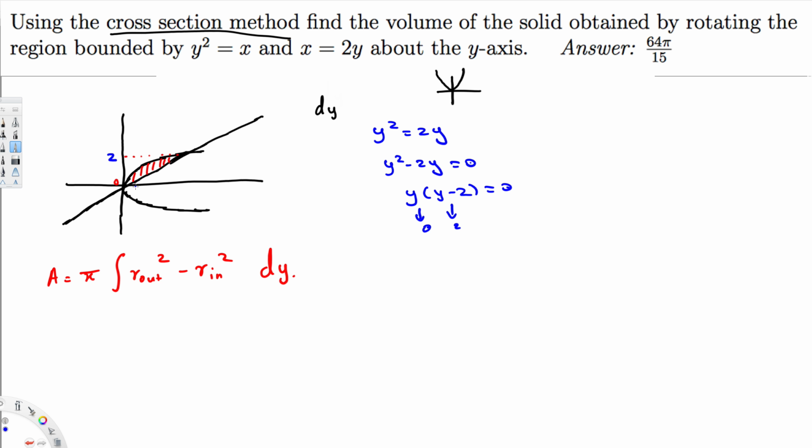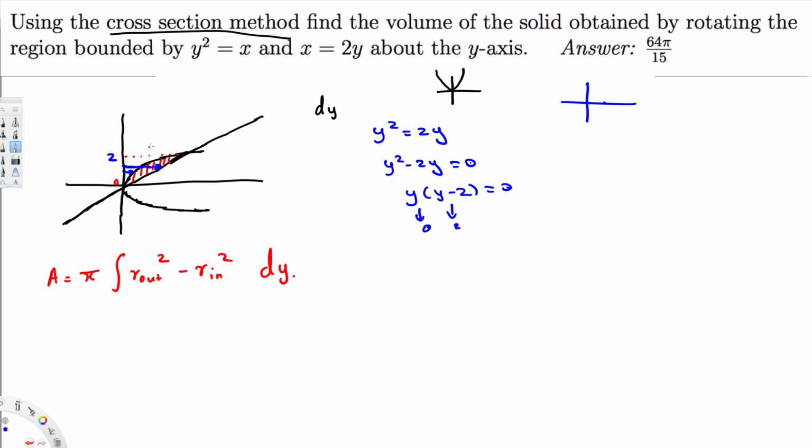Now we have to find the r out and r in. When it's rotated around the x-axis, the outer radius is the upper function, and the lower function is the inner radius. But here it's opposite. Here, if you draw a line toward the right side, the outer radius is going to be the right side, and the inner radius is going to be the left one, right?